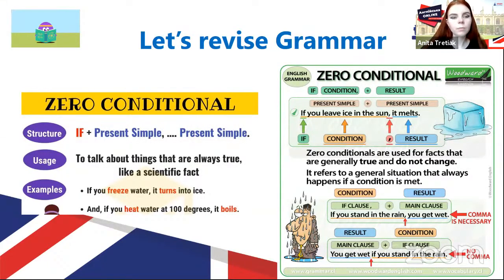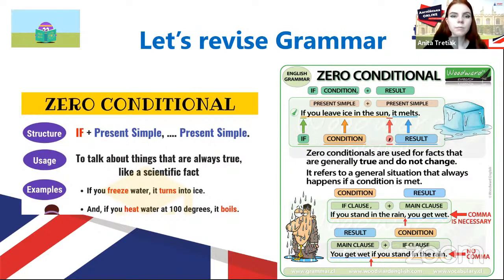So first of all, we use zero conditional to talk about things that are always true, like a scientific fact. So what does it mean? Let's look at the examples. If you freeze water, it turns into ice. You have two parts. The first one is if you freeze water, that's your condition, and then the result, it turns into ice.